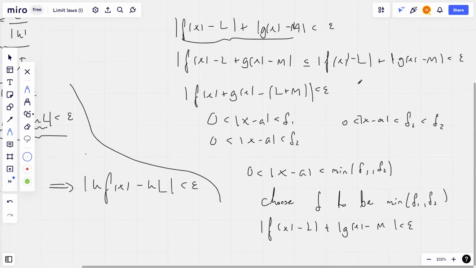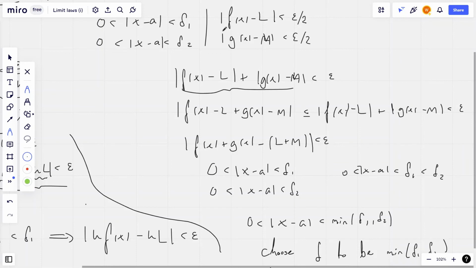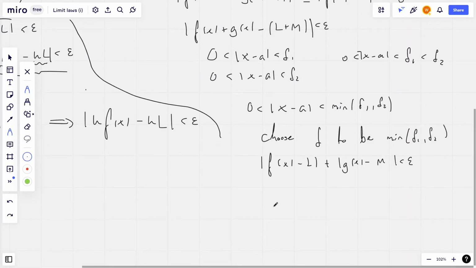I guess we skipped a step because we did not write our epsilon over 2s or anything of the sort, but the principle still holds, and so by the triangle inequality, we get that |f(x) + g(x) - (L + m)| is less than epsilon.